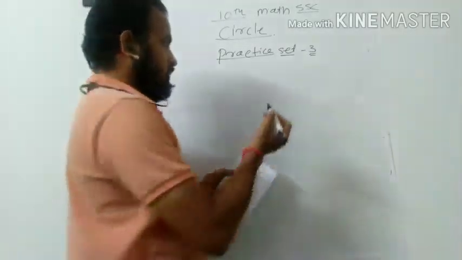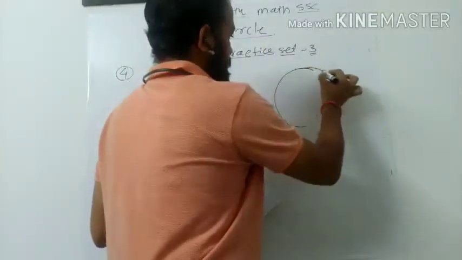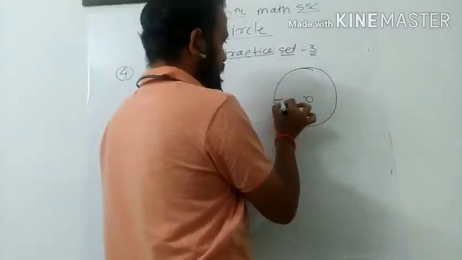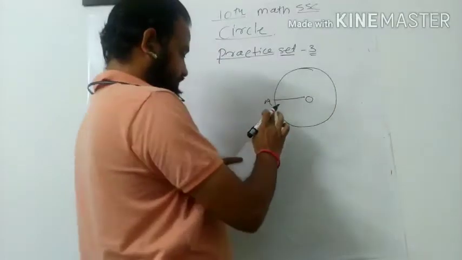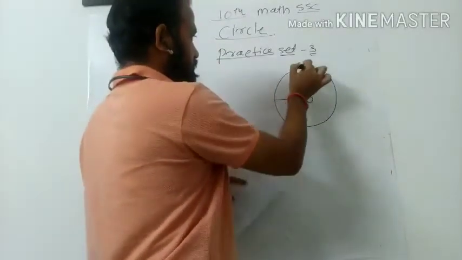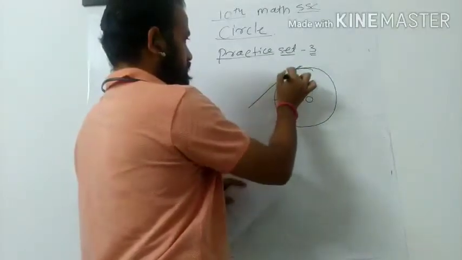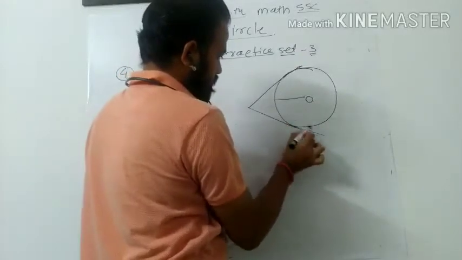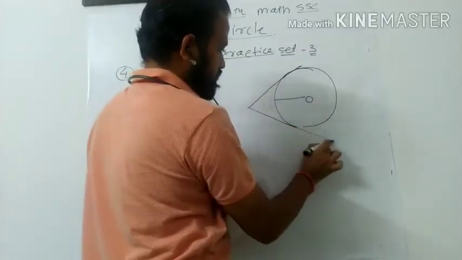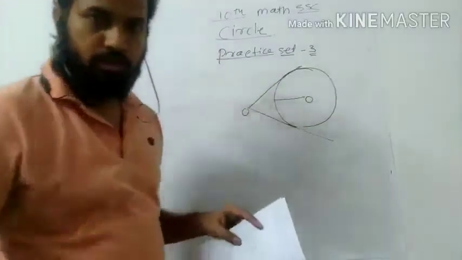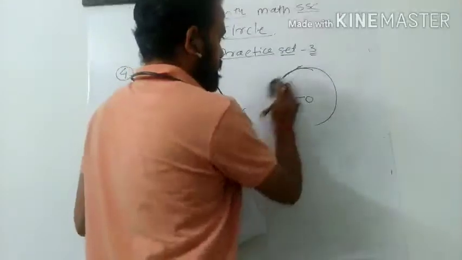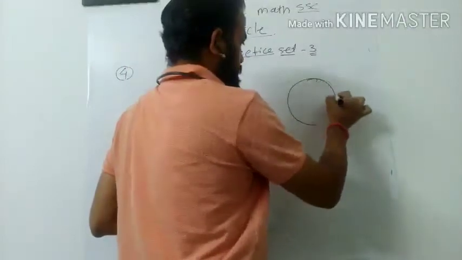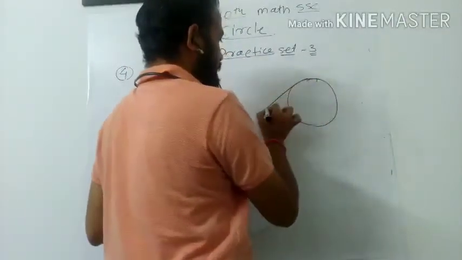Okay, now I am going to draw the diagram here. A circle with center O is given, and this is point A. A circle is given where two tangents are drawn.